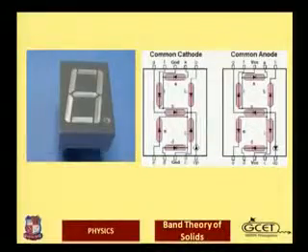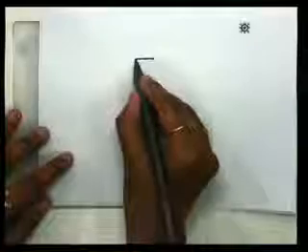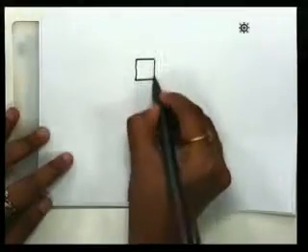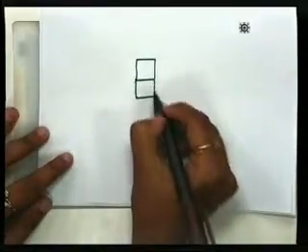Now what will be the circuit configuration? I'll draw it on the notebook. See, the circuit configuration says that there is this type of alphanumerical display. Here we are doing it for the 7 segments.